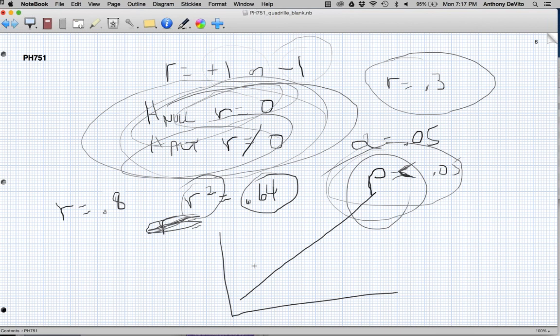It tells you that there's a certain amount of variability here, right? As one changes, the other changes. So it tells you that roughly 64% of the change in y that's predicted by x is due to x, is due to that variable.